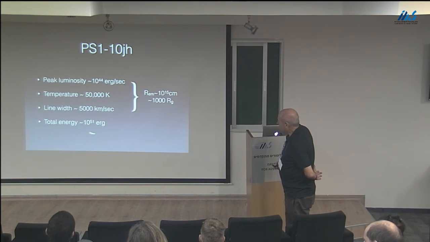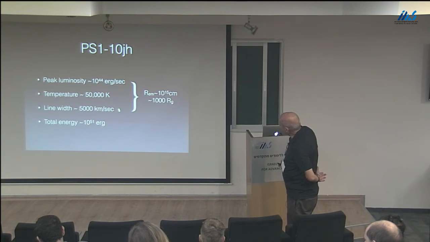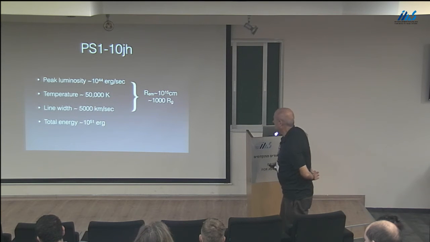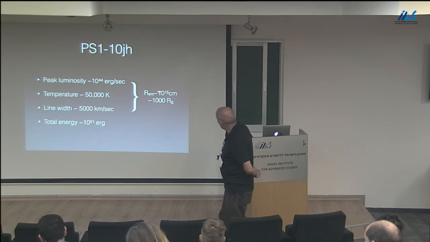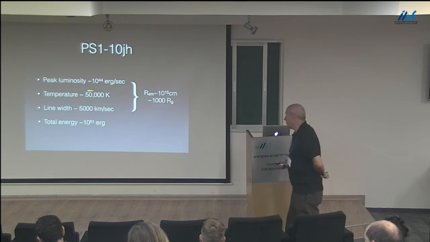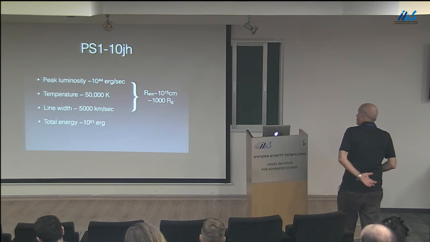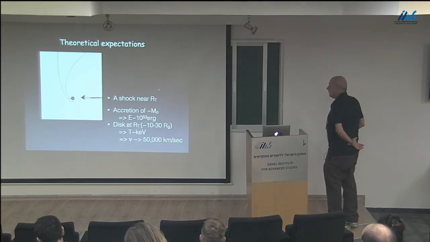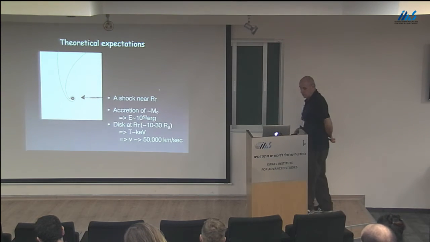And the total energy release is 10^51 ergs. If you combine these three factors together, then the expected emission radius, from simple black body arguments, is around 10^15 centimeters, which is about 1,000 RG for this system. So this is definitely not exactly what we expected.